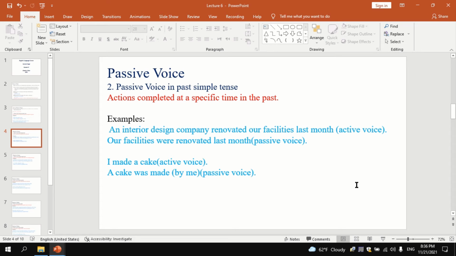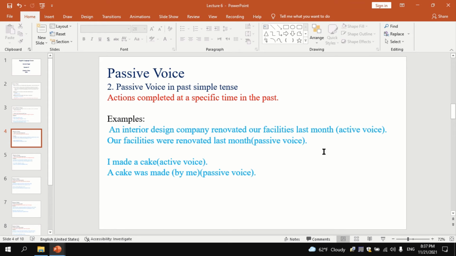Passive voice in past simple tense, we can use it for an action completed at a specific time in the past. For example, an interior design company renovated our facilities last month. Active voice. Our facilities were renovated last month.